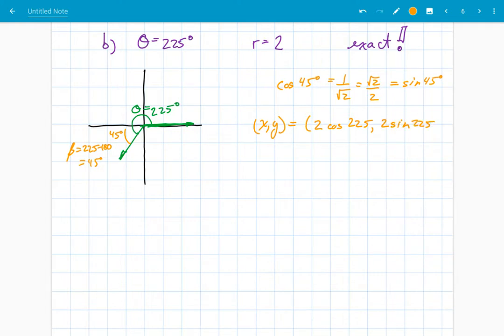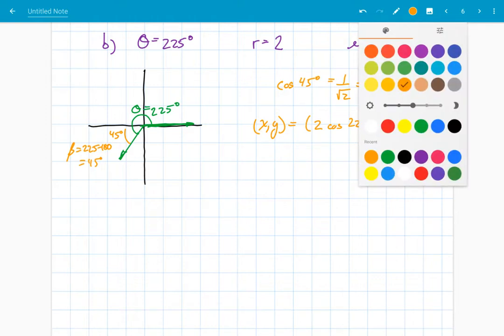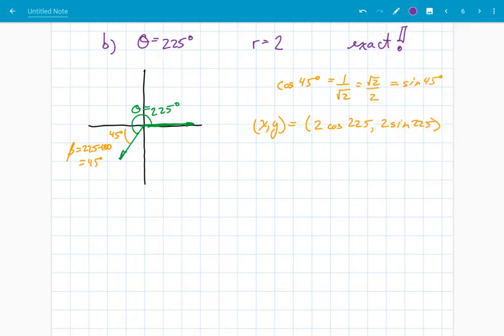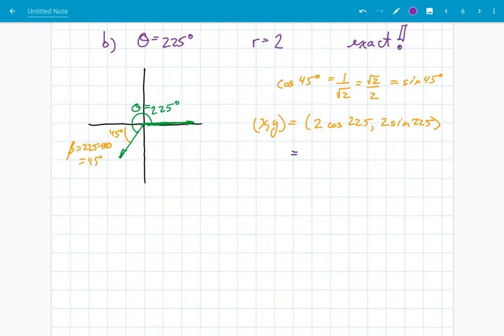First of all, the sine of 225 and the cosine of 225 should be really closely related to the cosine and sine of 45. Try it in your calculator. What do you notice? It's exactly the same except for the signs. So the cosine, remember the CAST rule too, right? The cosine is going to be negative here, so it's negative root 2 over 2.